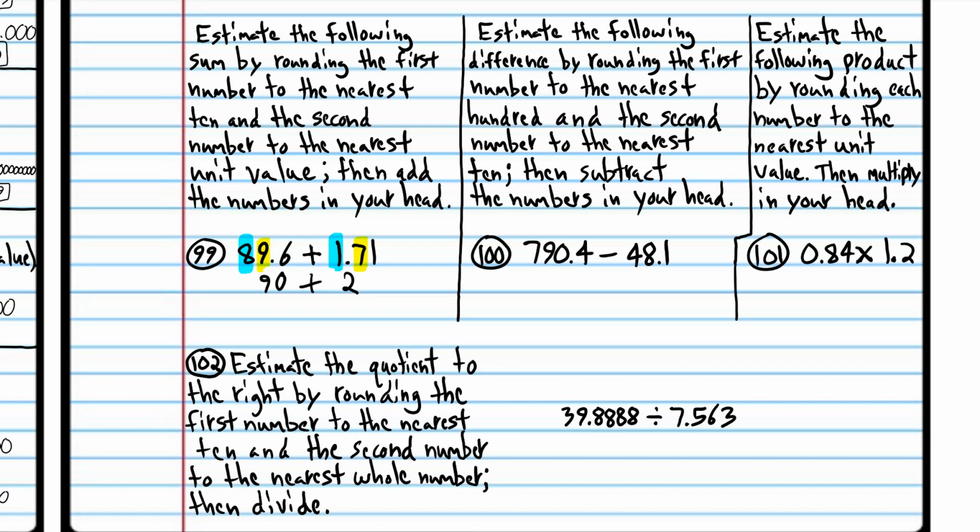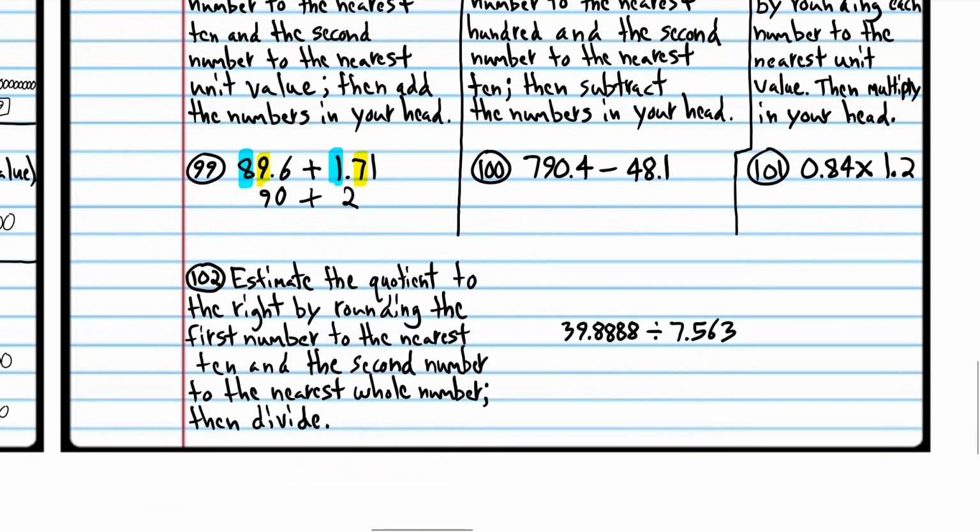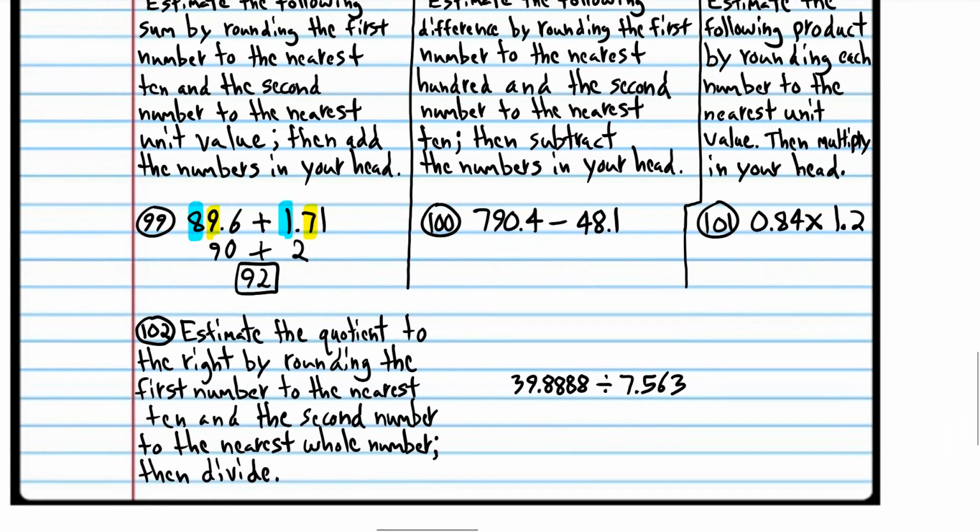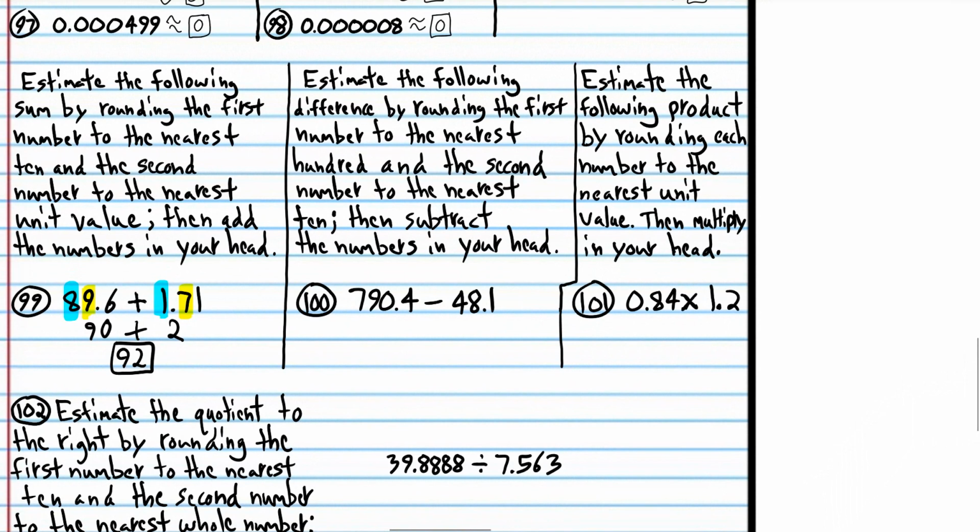So that's going to be so much easier, just 90 plus 2. What is 90 plus 2? Well, if you said 92, you were right. So this is called estimation. We're estimating. So let's see here. Let's do number 100.